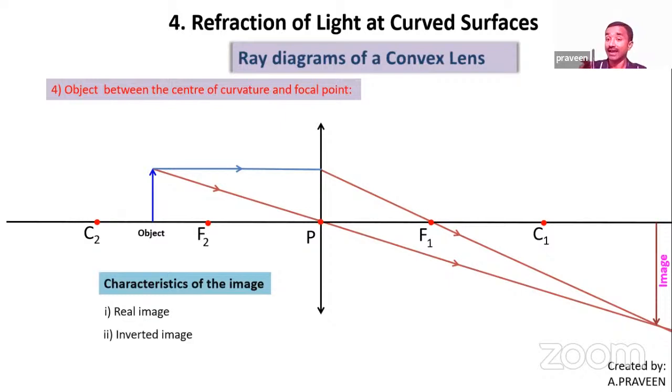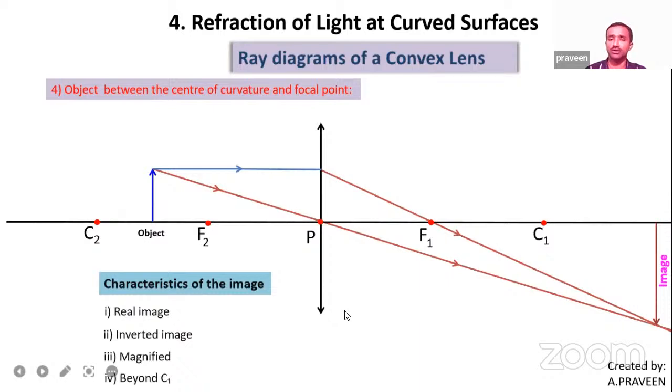The image is larger than the object. So enlarged, or you can also use the word magnified. Then finally, position: it is beyond C1.